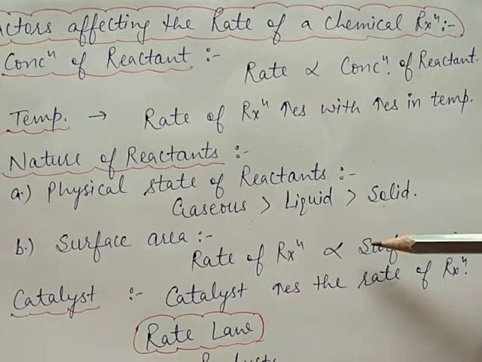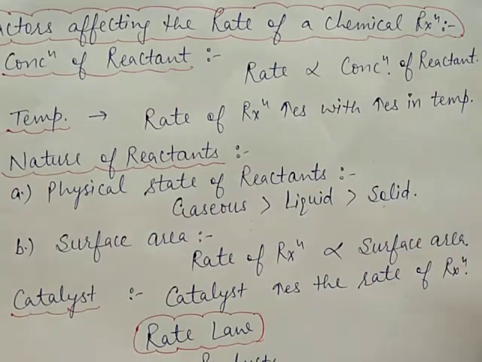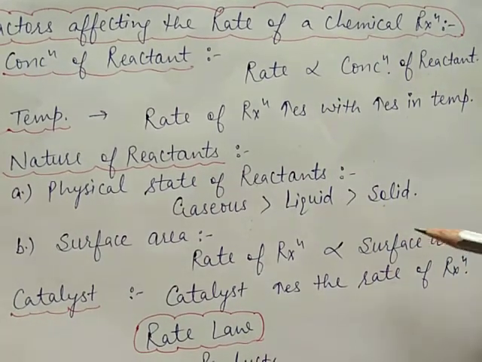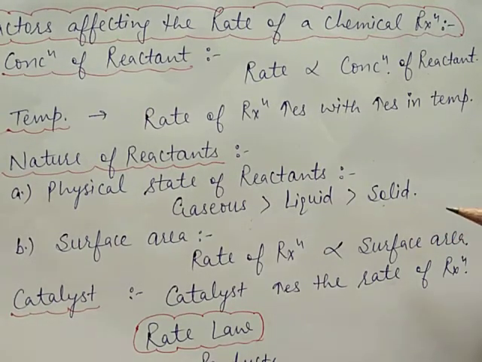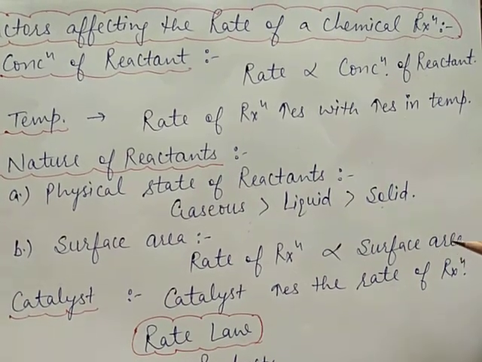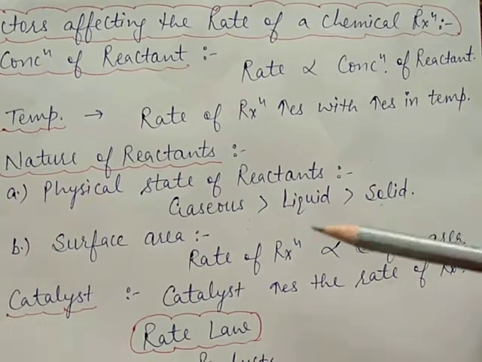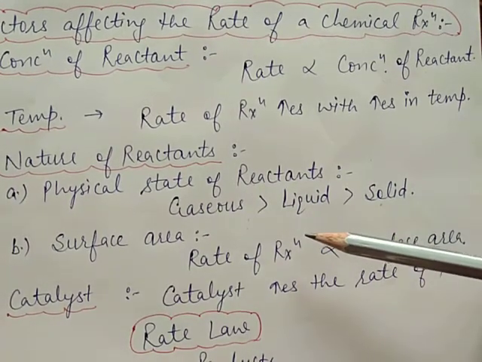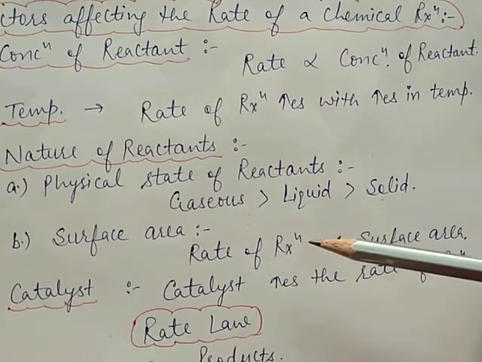You can take the example of black salt in the form of a solid piece, and after that in powdered form. These particles have greater surface area as compared to the solid form. So the particle size is small but the surface area is large, and the rate of reaction is also faster due to large surface area.